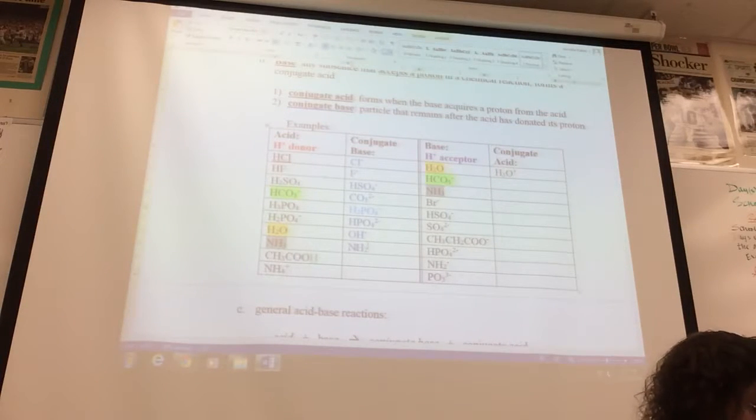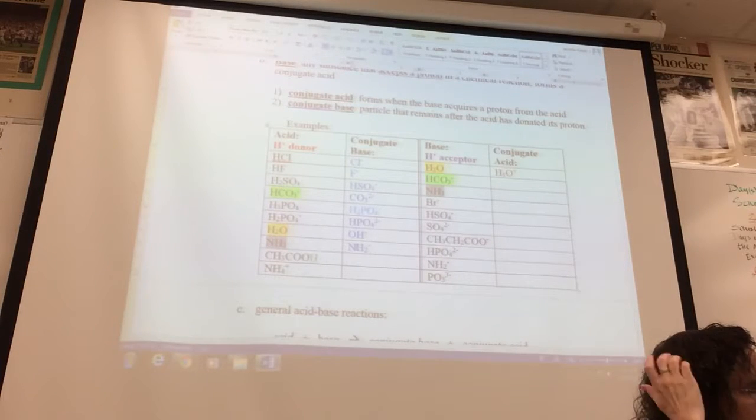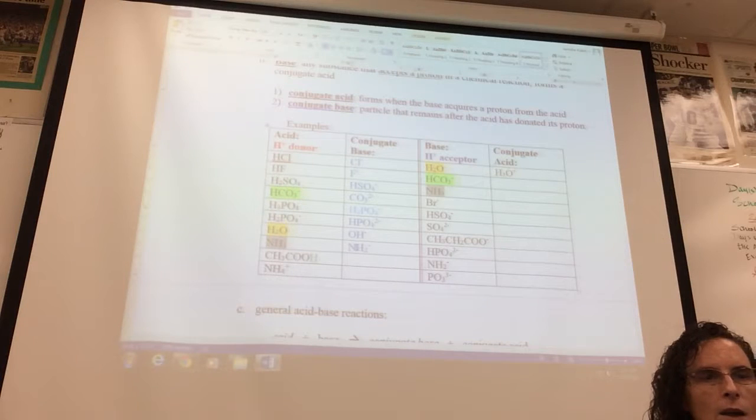NH2 minus. Now this one's very interesting. This is acetic acid. You'll remember the carboxyl group from when we drew the compounds, which feels like 6 months ago.